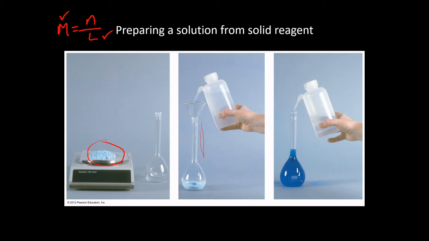In this picture, it's 250 mils, so this would measure 250.0 mils because that would have 4 sig figs. Volumetric glassware is always meant to measure 4 sig figs of precision. For our purposes, with 1 liter, we would have 1.000 liters if we put the water with the meniscus right on the mark.